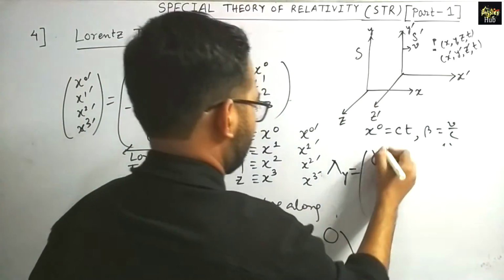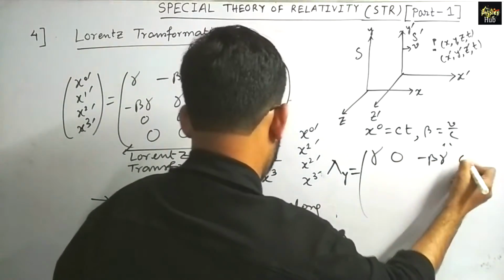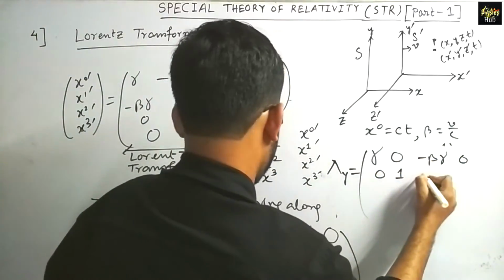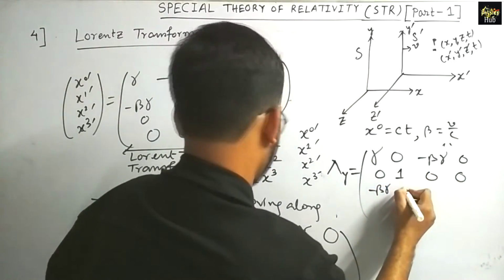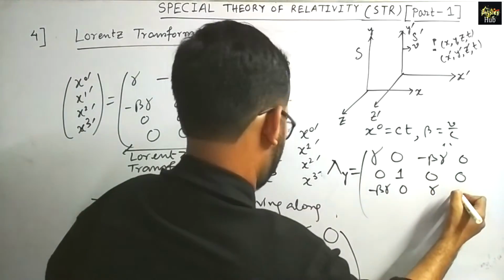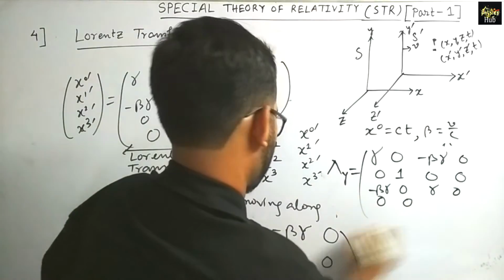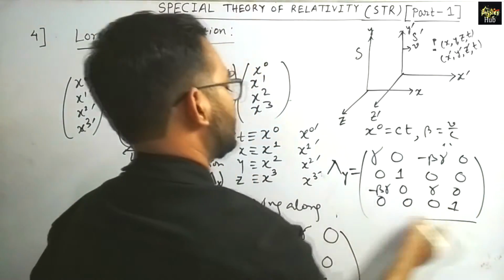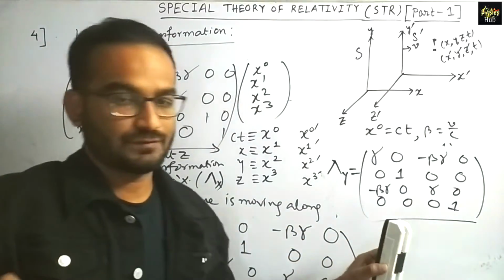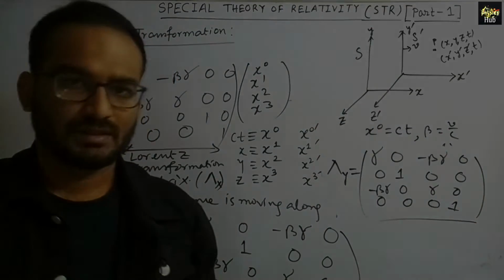I am writing it again: gamma 0 minus beta gamma 0, 0, 1, 0, 0, minus beta gamma 0 plus gamma 0, 0, 0, 0, 0, 1. So this is the Lorentz transformation matrix when the prime frame is moving along the y-axis with the velocity v.